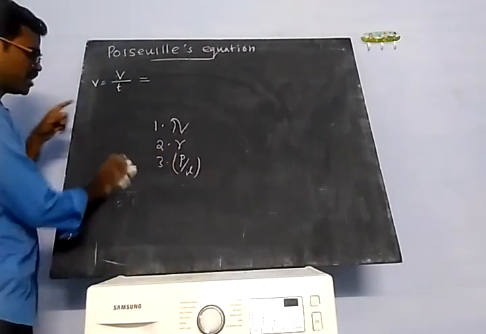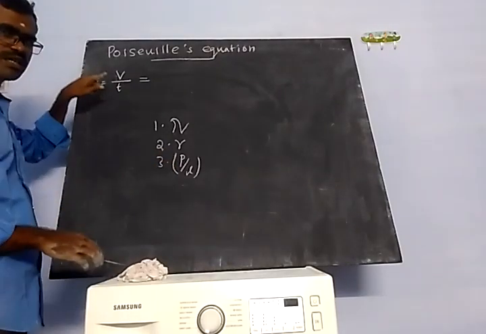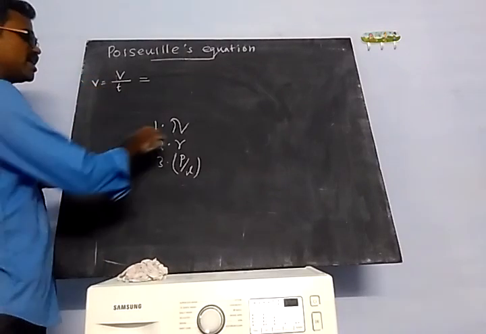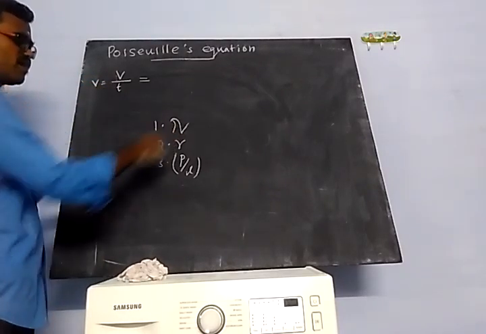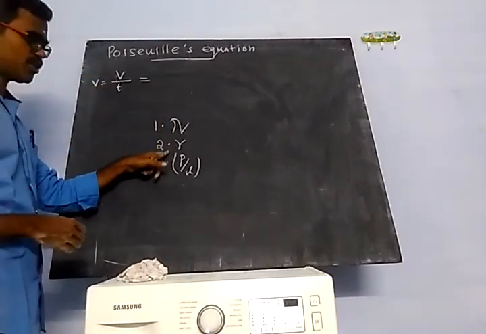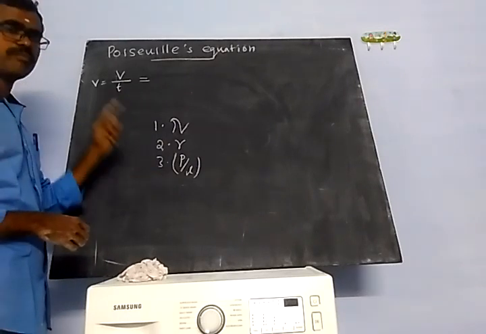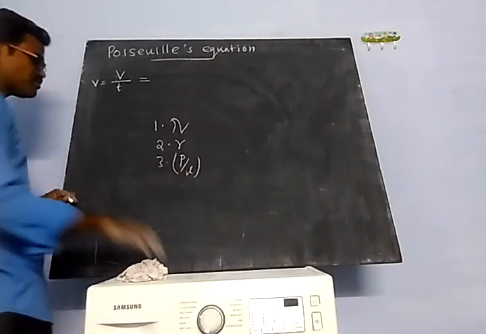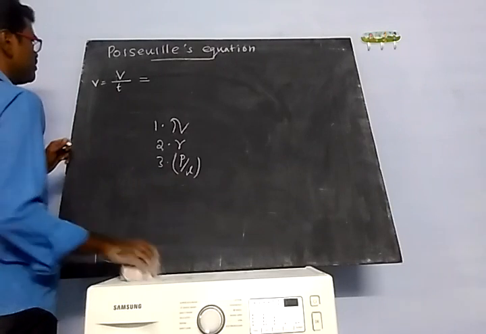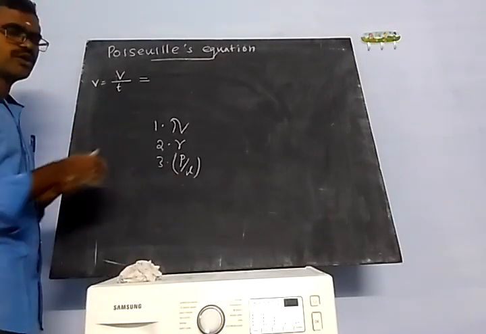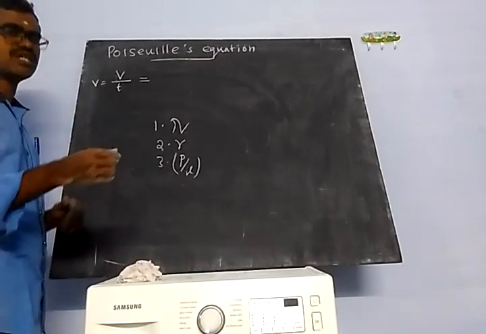So the volume of the liquid flowing per second depends upon the coefficient of viscosity, radius of the tube, and pressure gradient. This we have to derive by using dimensional formula.